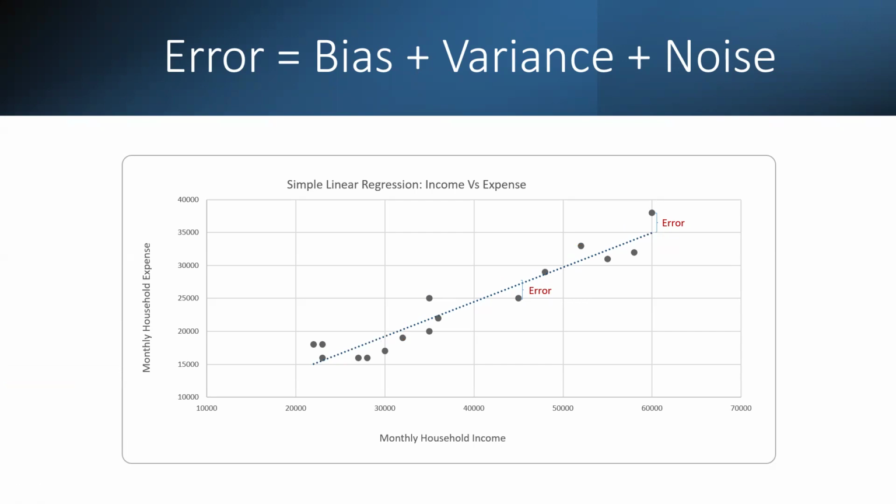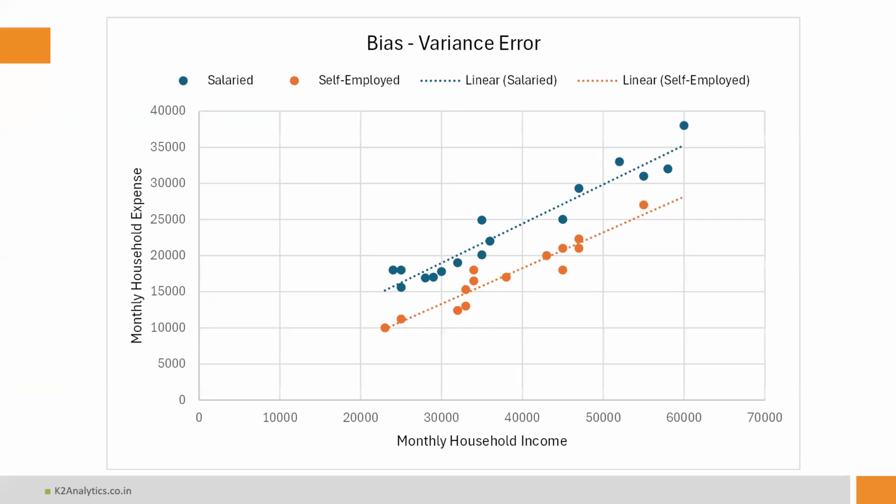Let us now try to understand the bias error. Once again, the example I'm taking is a linear regression where I have monthly household income and monthly household expense. Now you can see you have two colored data points, one in blue and the other in orange. Assume the blue data points are for salaried people and the orange data points are for self-employed.